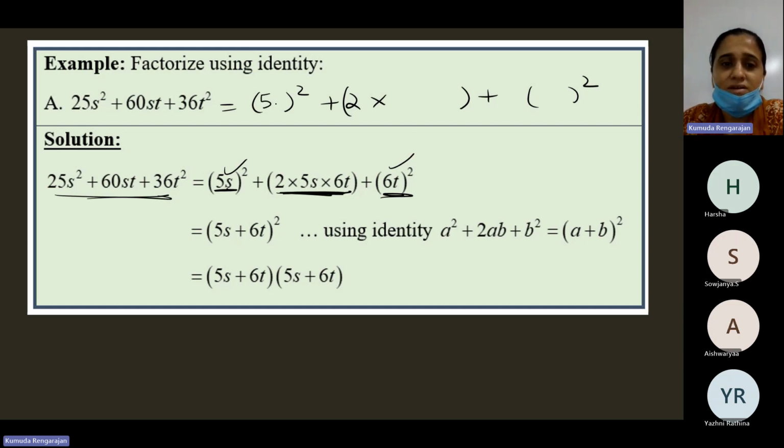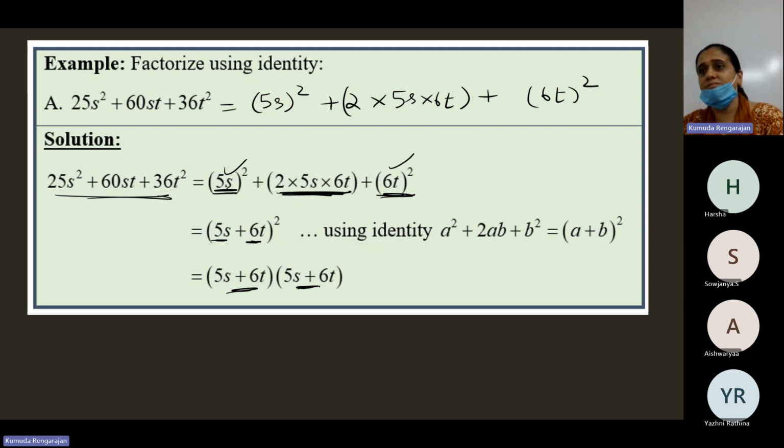So 5s here and 6t here. Then the middle term, 2 into 5s into 6t. Yeah, so this is like a square plus 2ab plus b square, which is a plus b the whole square, which can be written as a plus b into a plus b. Yeah, quickly write down.